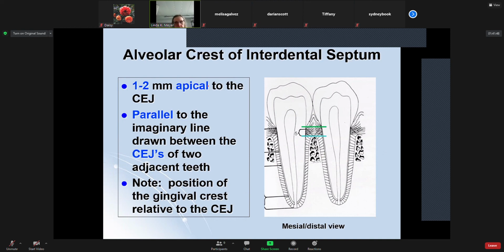So that crest is going to be parallel to the imaginary line drawn between the CEJs of 2 adjacent teeth. And again, this picture reviews how the gingival crest, shown in red, is 1 to 2 millimeters coronal to the CEJ in health. Can everybody see how, if I have that imaginary line between the CEJs, it's parallel to the crest on this particular diagram?